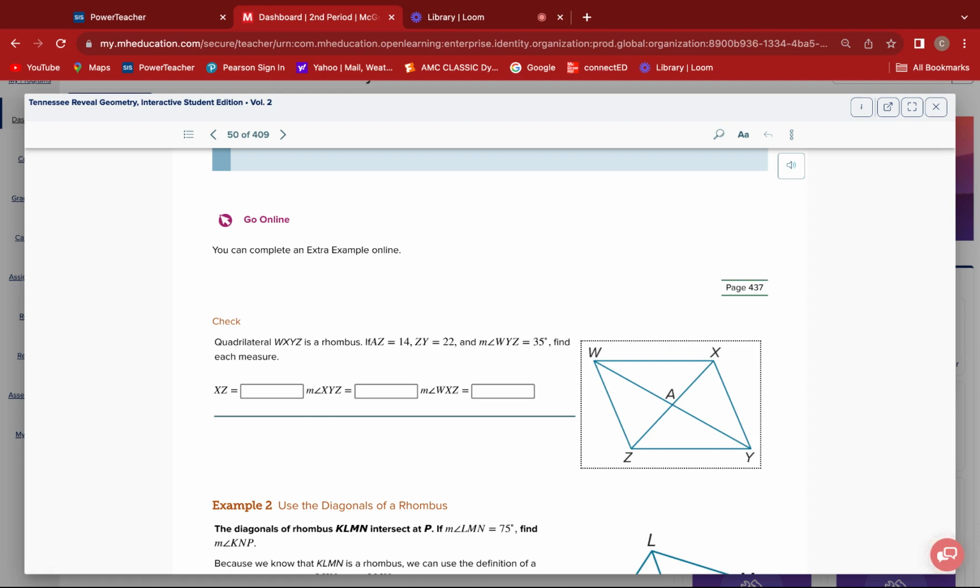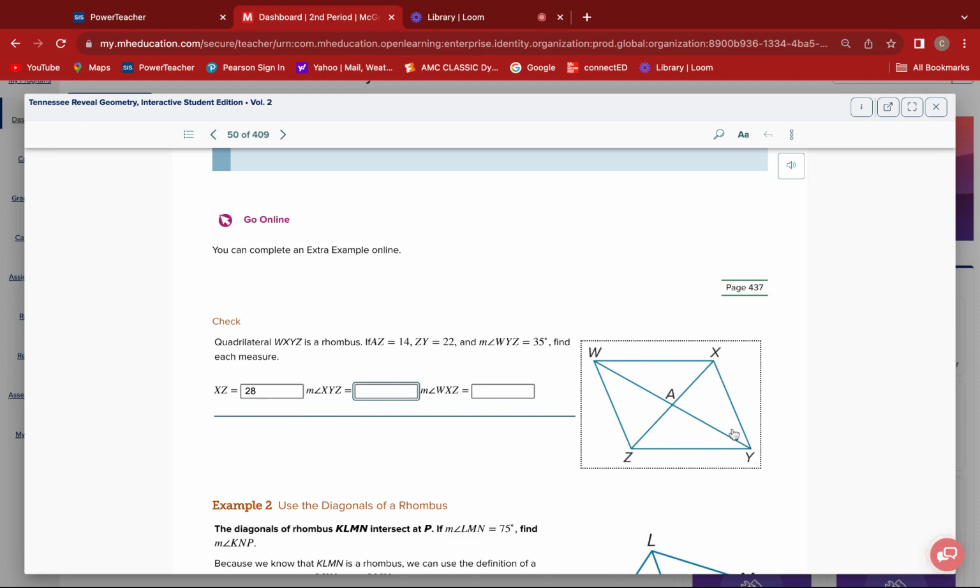Okay, so let's see what we got first. I need to find XZ, which is the entire diagonal. Okay, so listen, if AZ is 14, then AX is 14. 14 plus 14 is 28 for the entire XZ. Moving on. All right, XYZ.